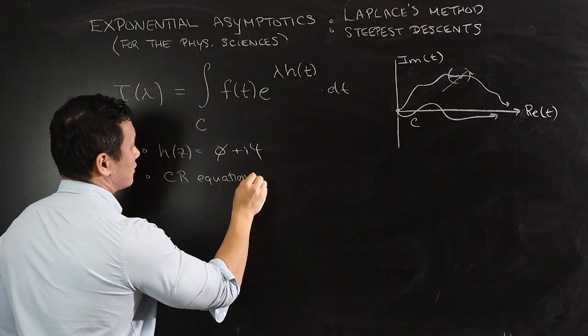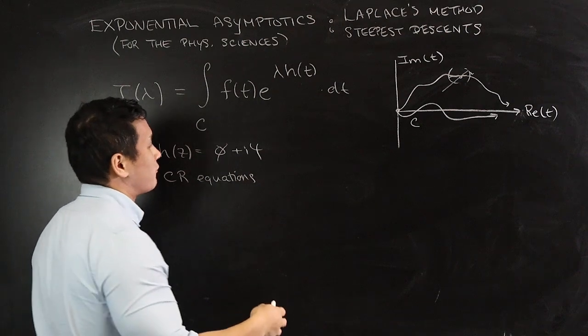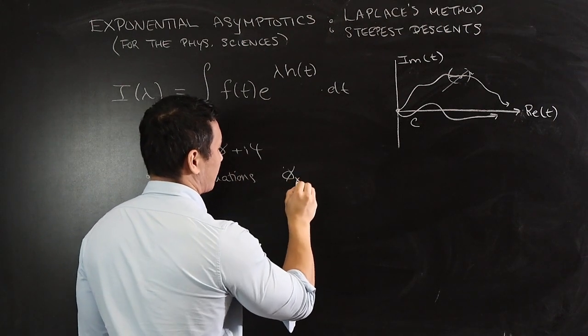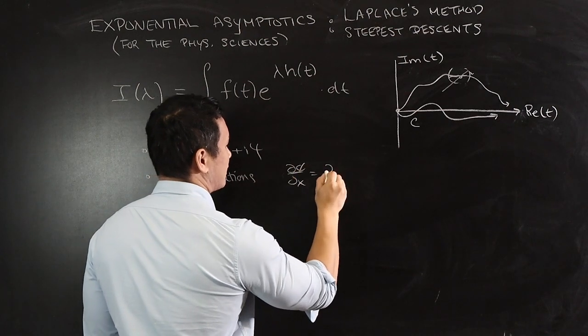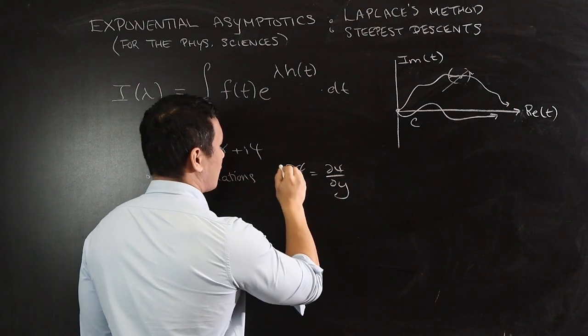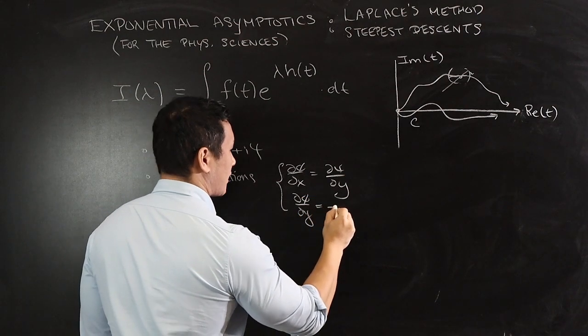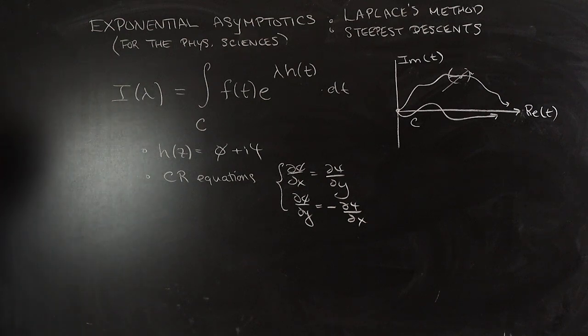So any analytic function h at a point of analyticity has to satisfy: the partial derivative of phi with respect to x is d psi dy, and the partial derivative d phi dy is minus d psi dx.